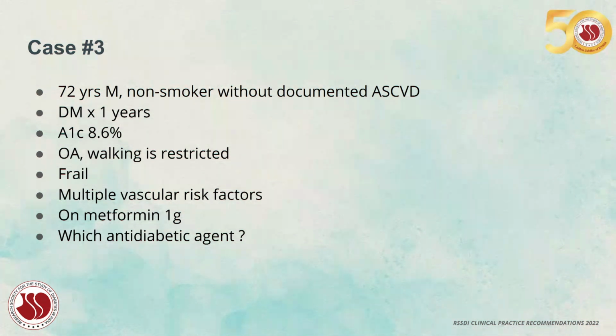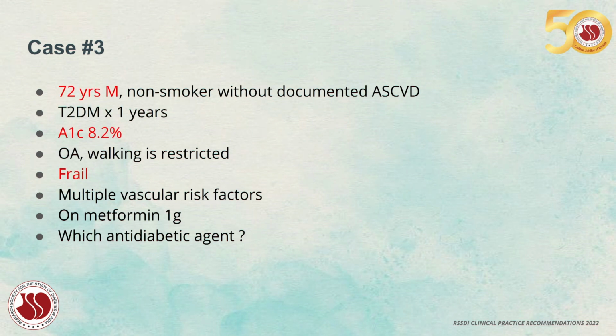Now considerations are totally different. You don't have atherosclerotic cardiovascular disease, you have only risk factors, no CKD. Age and frailty are two concerns. Otherwise, there is no major concern. So we don't want him to have hypoglycemia. We want to prevent falls.